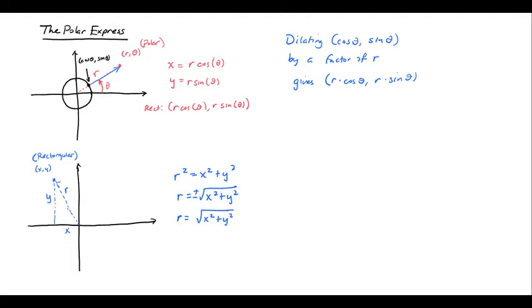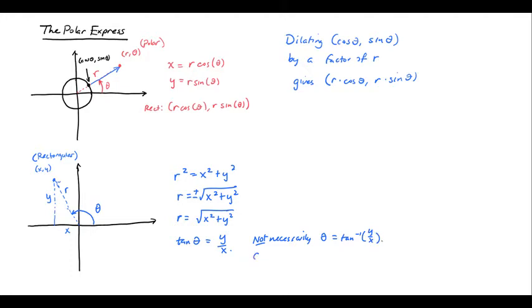And then what about theta? Remember, theta is the angle from the positive horizontal axis to this ray here. One thing I know about that is that the tangent of theta is equal to y over x. That does not necessarily mean that theta is the inverse tangent of y over x.